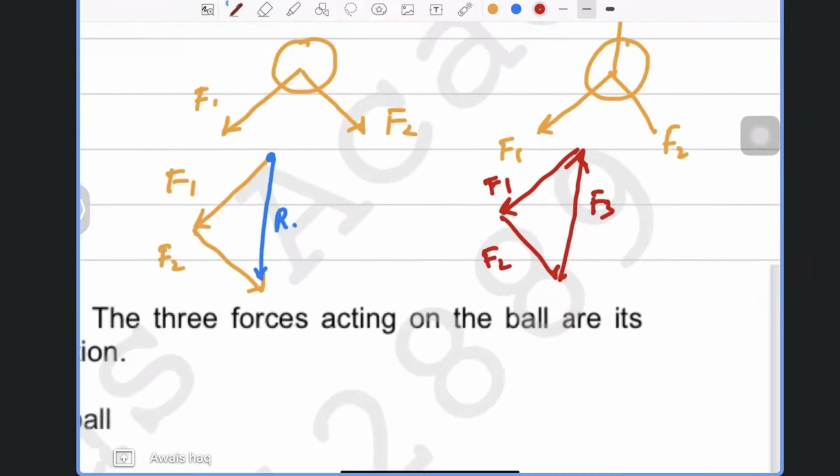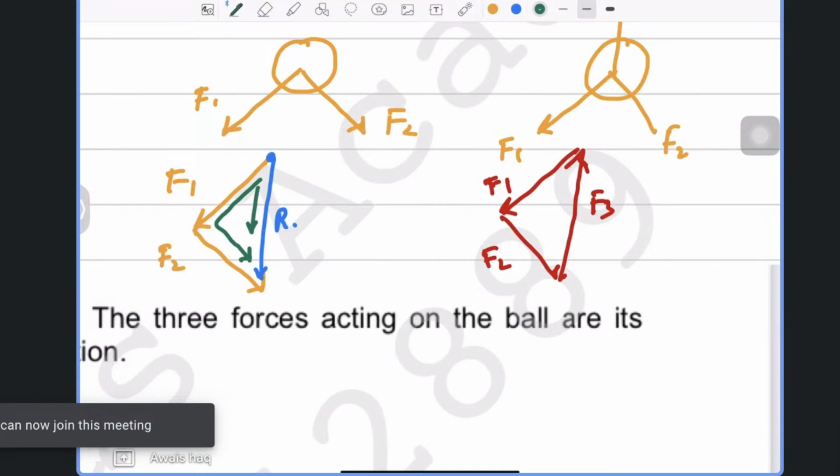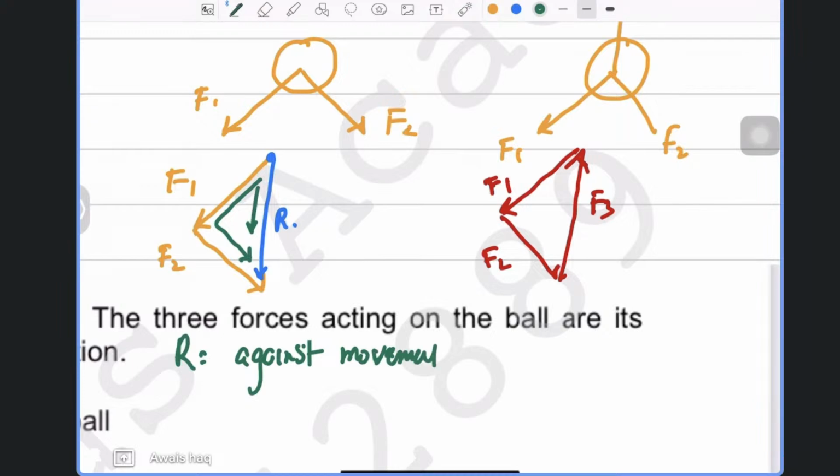Now you notice that in the first diagram we started from here and came here, and the resultant is going against the flow, which means against the movement of our vectors. In the next one, we could flow in the right way, and it makes a complete loop.